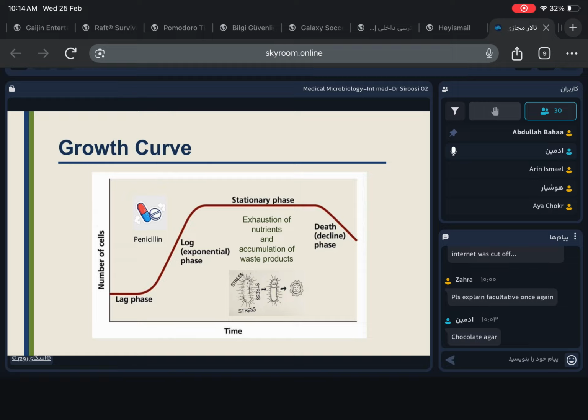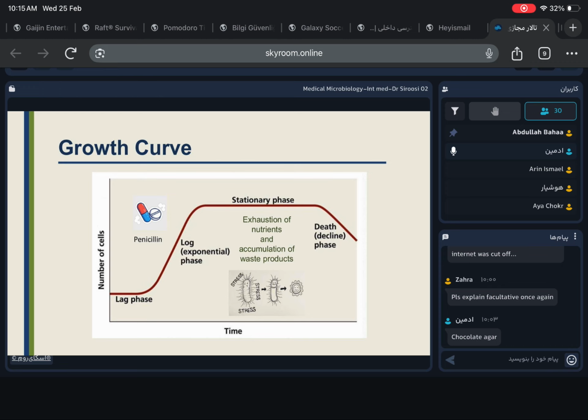So during the death phase, some bacteria are dying, as you can see, and some bacteria just don't die. They just stay viable, but they don't grow. And in that case, they are very resistant to medications.